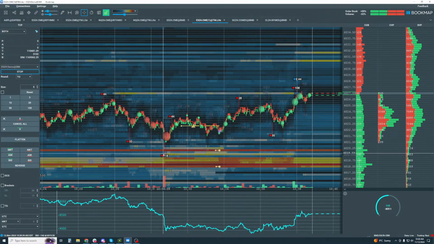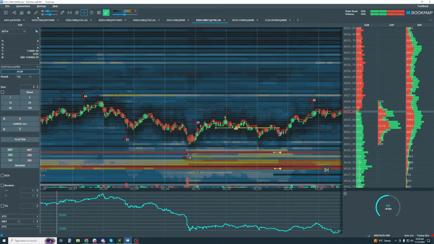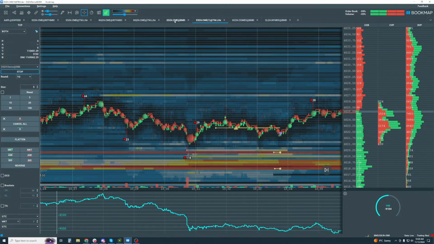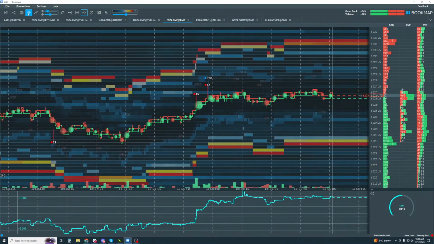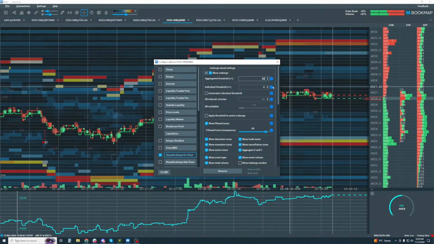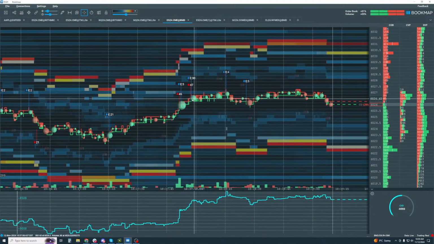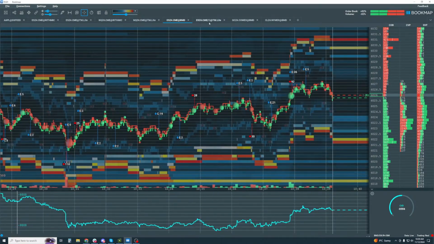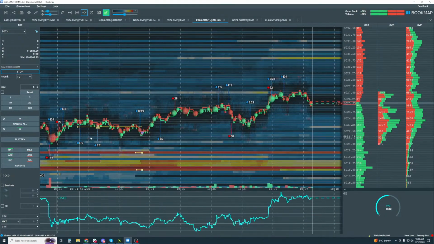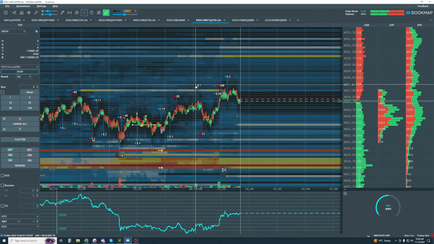So it is a stop run here. I do not see any icebergs, but I have a filter on it, which I want to take off. All right, there we go. So there were no icebergs down here, but it's definitely a stop run here of 118, which isn't bad.